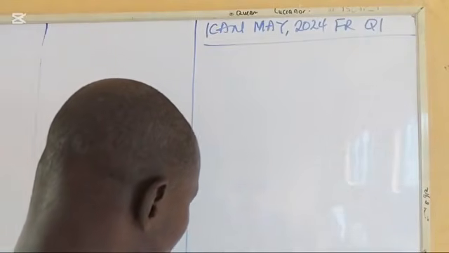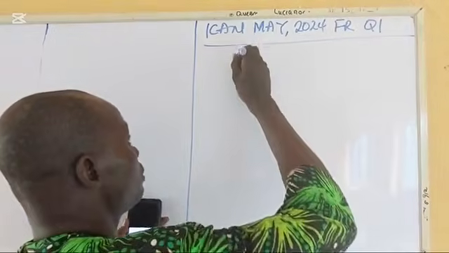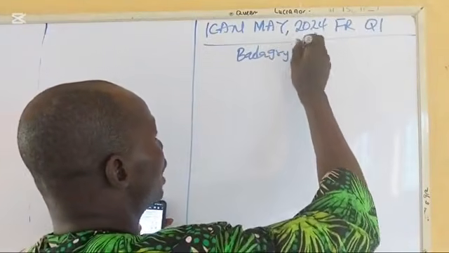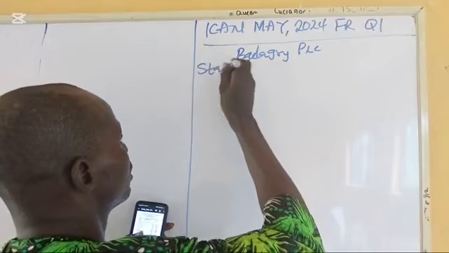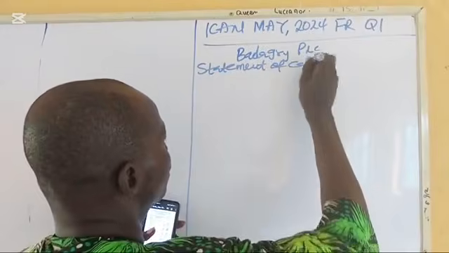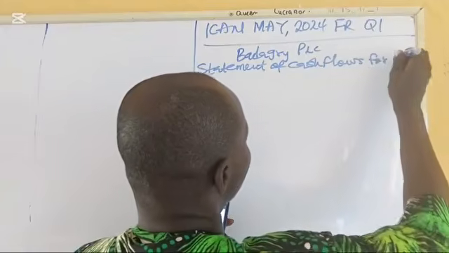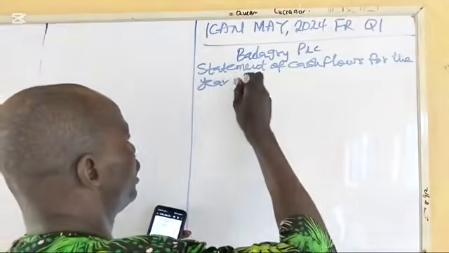PLC. So you have Badagry PLC statement of cash flows for the year ended.